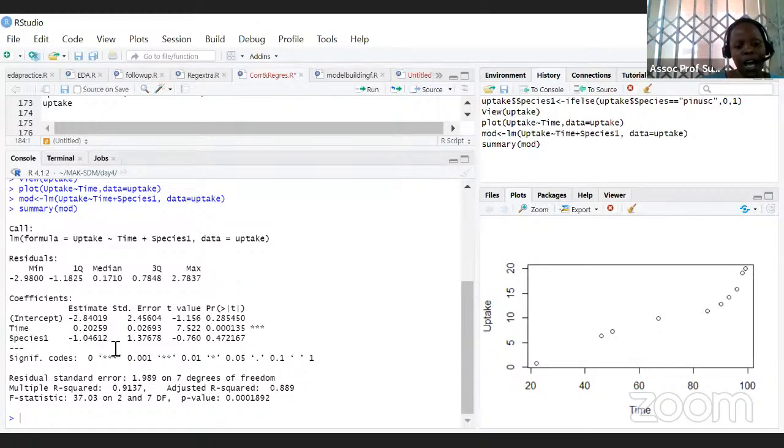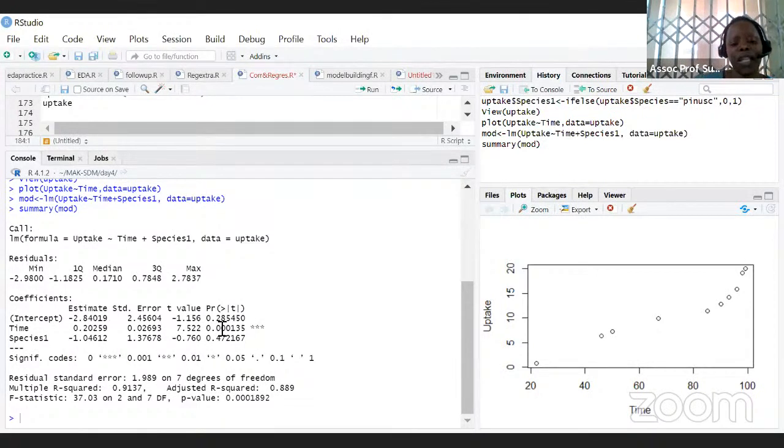We can interpret these values, but before we do the interpretation, let's look at the p-values. The hypothesis we are testing is that there is no linear relationship between uptake of carbon dioxide and time plus species.